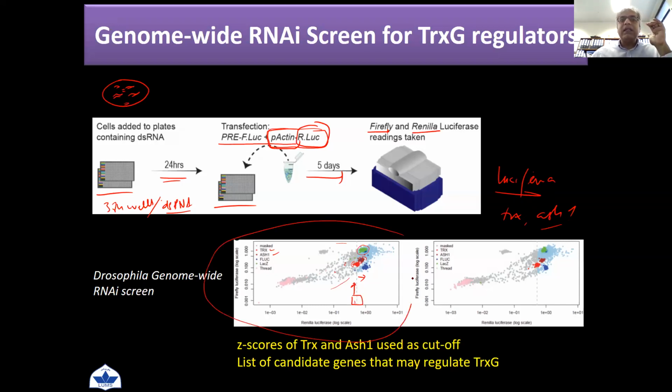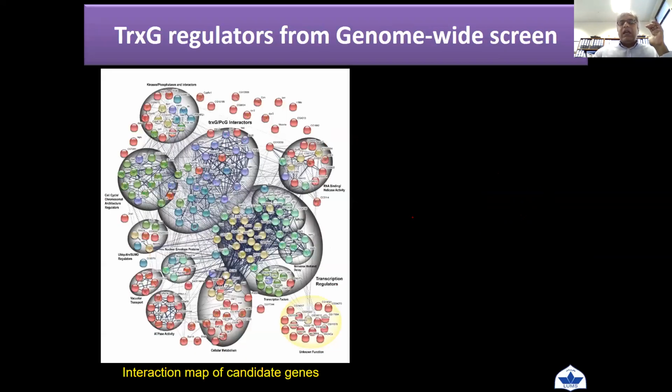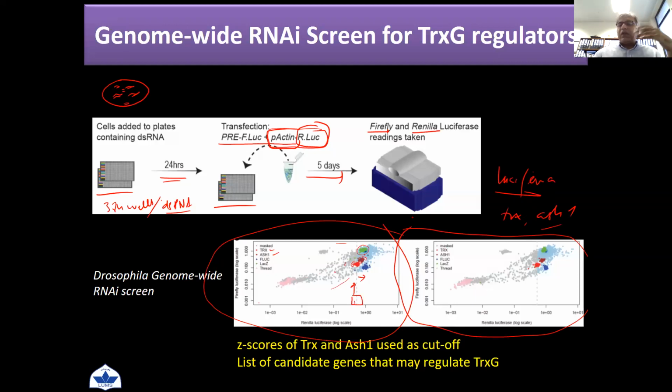So you can see this is a perfect experiment. After excluding a number of ribosomal RNA genes, which mostly appear in these genome-wide RNA screens, we had nearly 217 genes based on their z-scores and the cutoff value.